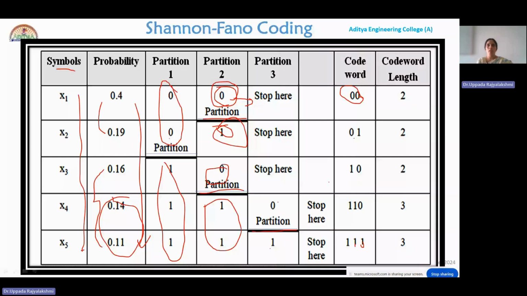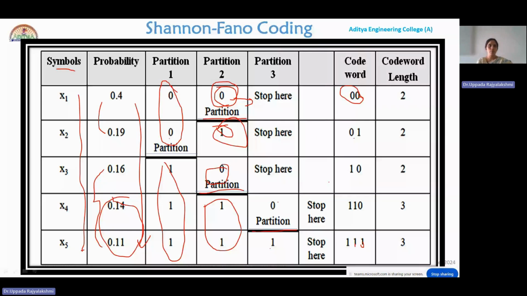So L is equal to summation k equals 1 to 5, because we have 5 symbols, probability multiplied by the length of the symbol. That's why we have written 0.4 into 2 plus 0.19 into 2. Like that we have evaluated and obtained the average length as 2.25 letters per symbol.